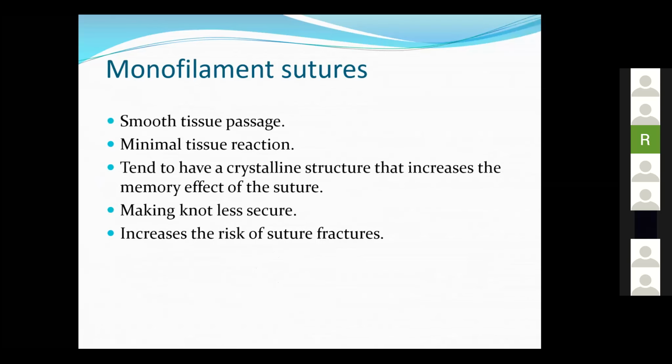Monofilament sutures, as we said, pass through the tissues smoothly with minimal tissue reaction, but they can be damaged easily. If you bend them completely or apply your artery forceps on the suture, they break, and once they break, they probably lose their strength completely.